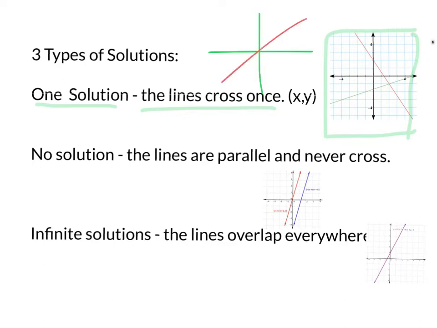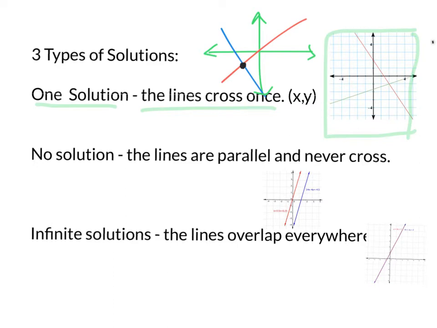Draw a line like that, draw another one like that, just so that I know that you know what that's going to look like. So lines cross once for one solution. If we were solving this, whatever point this is right here would be the solution to that system. That point where those two lines cross one another is the solution to that system.